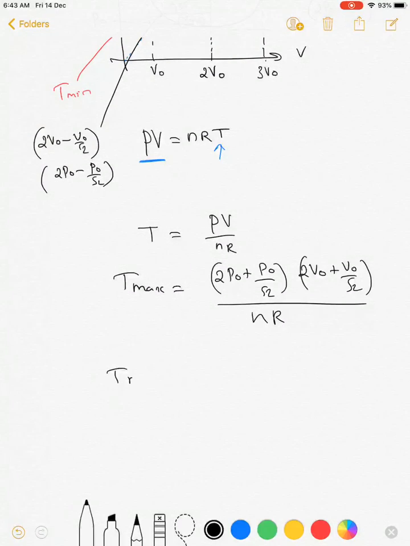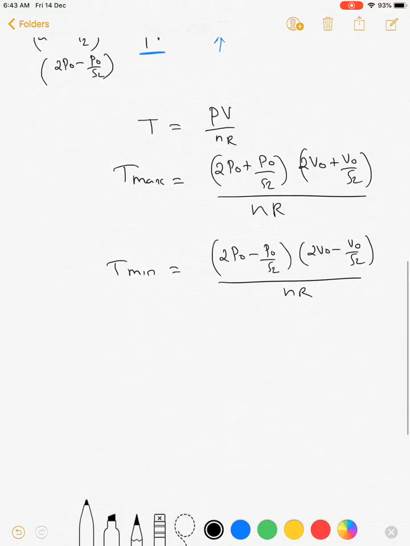Similarly, T minimum is equal to 2P naught minus P naught divided by root 2, into 2V naught minus V naught divided by root 2, divided by nR.